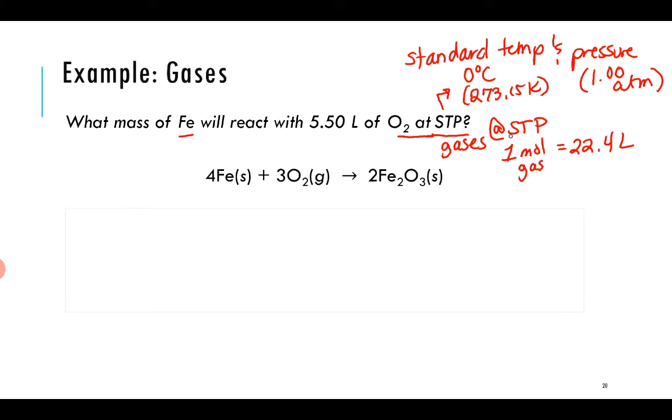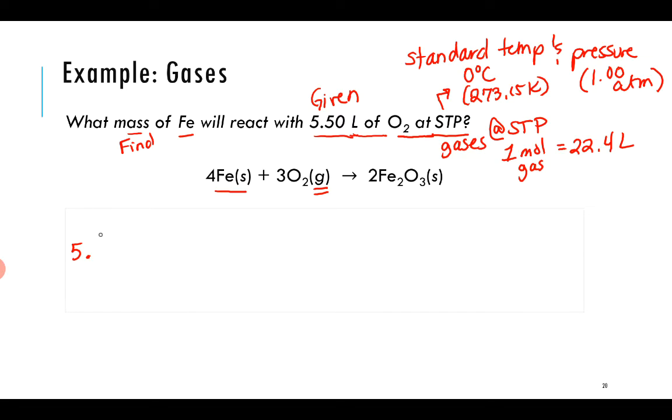If you do not remember this shortcut, you're also welcome to use the ideal gas law to find how many moles of O2 you have from this volume. So you're given a volume of gas. And then we need to find a mass of a solid. And so we're going to be ending with iron. So we're trying to find mass.